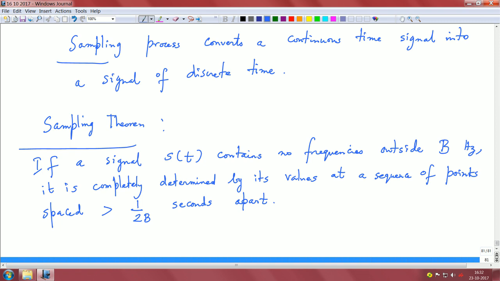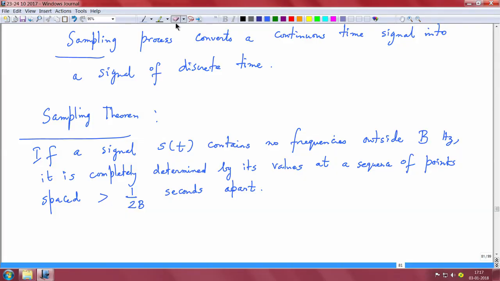That means for a given sampling rate Fs, perfect reconstruction is guaranteed for bandwidth capital B, which is strictly less than Fs upon 2, right. If Fs is your sampling rate, then your perfect reconstruction is guaranteed if your bandwidth B is less than Fs upon 2, right.